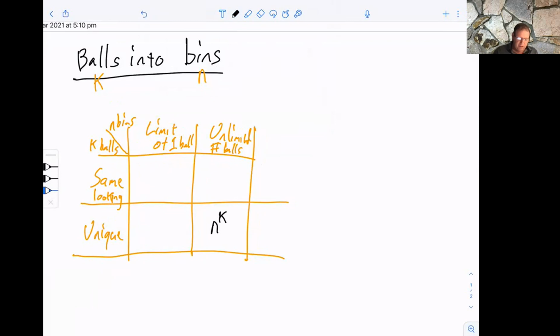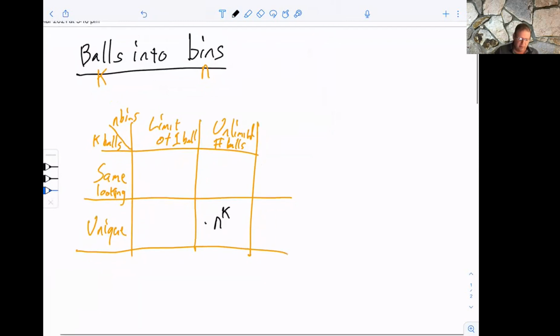And then our arguments were here, and we said, if now there's a limit of 1 ball per bin, then what we're doing is, I'll write it like this, (N choose K) times K factorial.